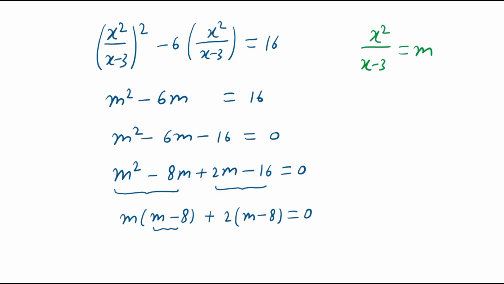Now m − 8 is common, so we get (m − 8)(m + 2) = 0.